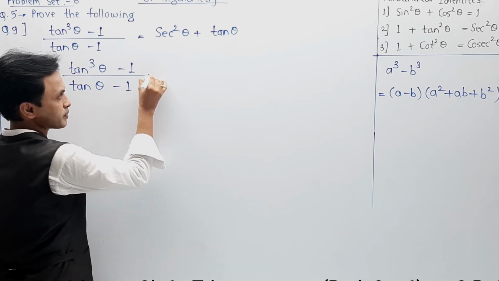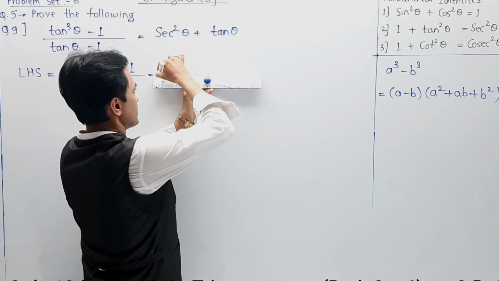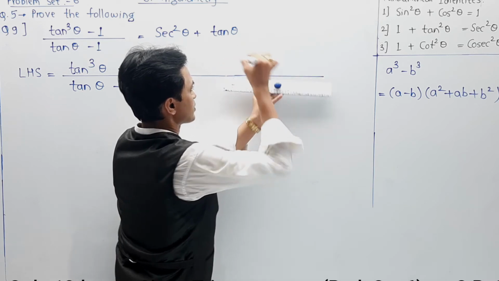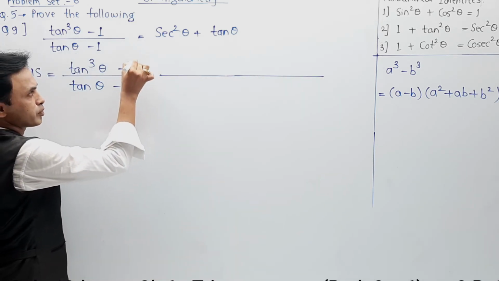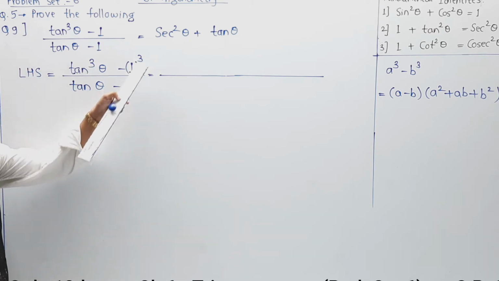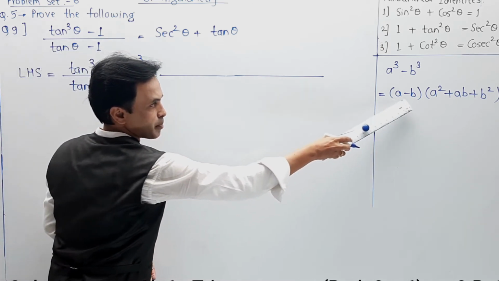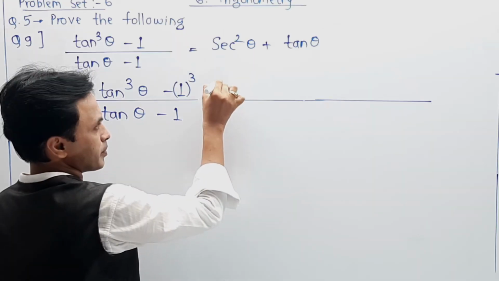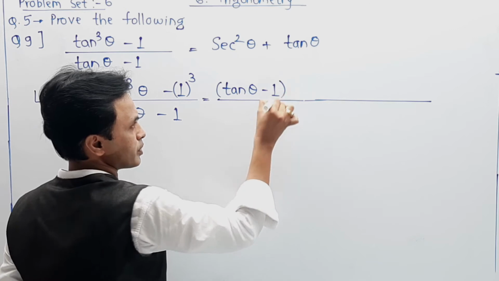So the next factor of this step is, if you consider this 1 as 1 cube, then your problem will get solved. So tan cube theta minus 1 cube: in the first bracket a minus b, where a is tan theta and b is 1, it becomes tan theta minus 1.